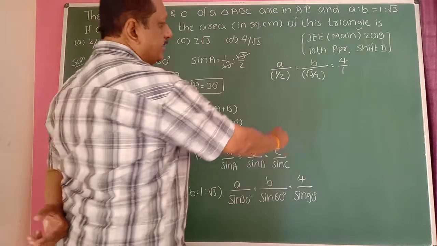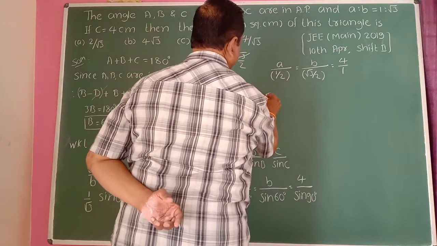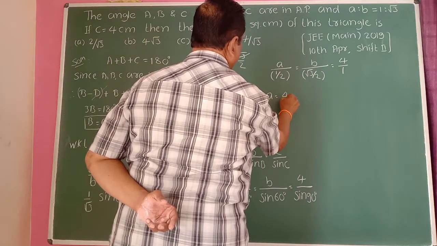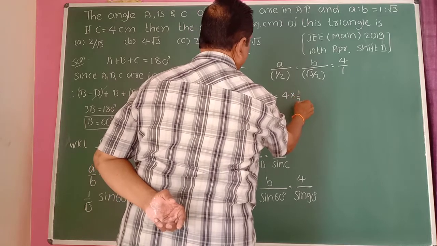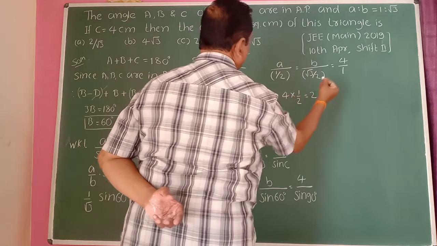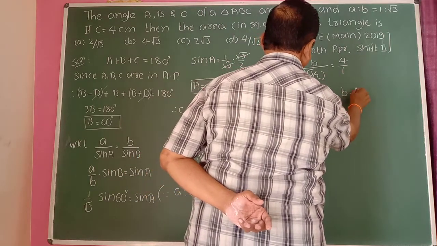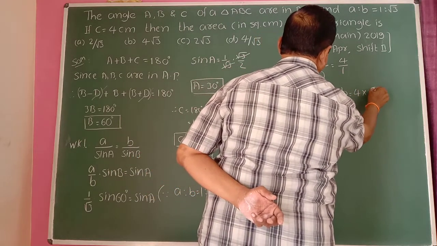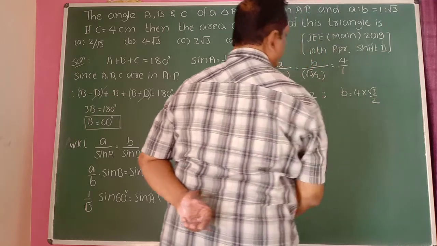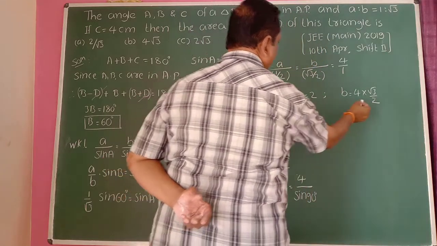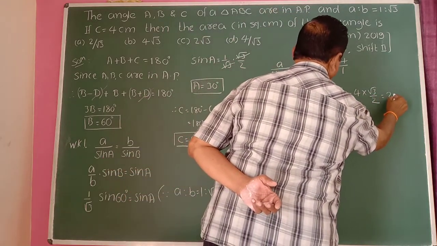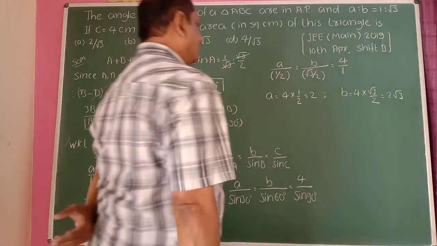Taking the first and last ratio, a is equal to 4 into 1 upon 2, which gives 2. Taking the last two ratios, b is equal to 4 into root 3 divided by 2, which gives 2 root 3.